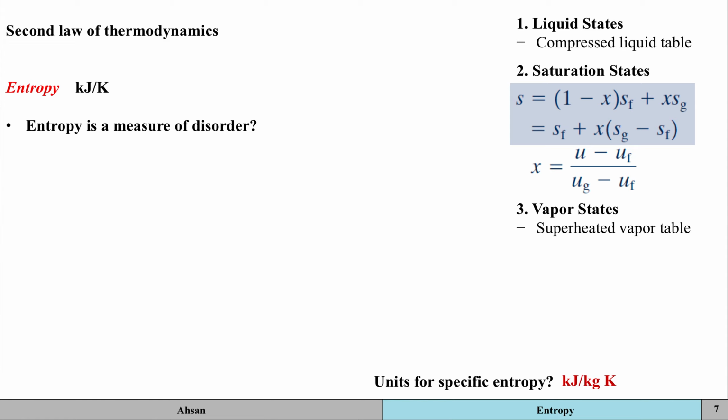You just think to yourself. I would think, for example, that the glass of ice is more disordered, but it has less entropy. So what does this term disorder mean? It's not clear.